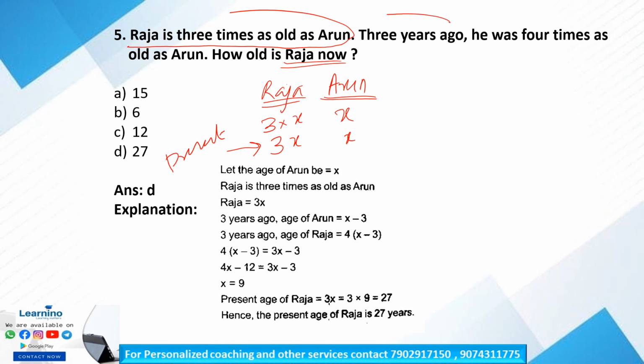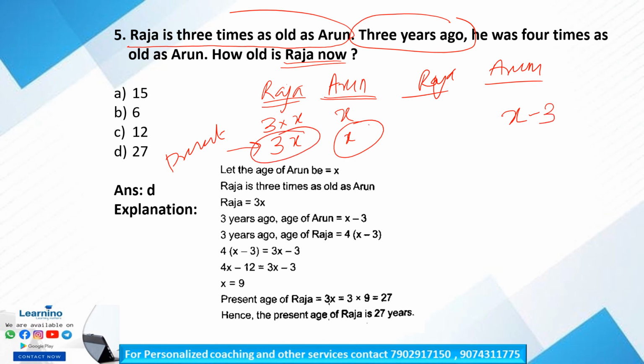Next, we have to consider the age of Raja and Arun 3 years ago. Presently the age of Arun is x, so 3 years ago the age of Arun is x minus 3. Then what about the age of Raja? 3x minus 3. Since it is 3 years ago, we subtract 3 from the present age.